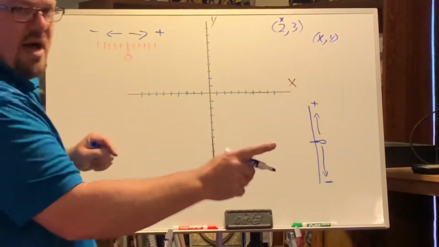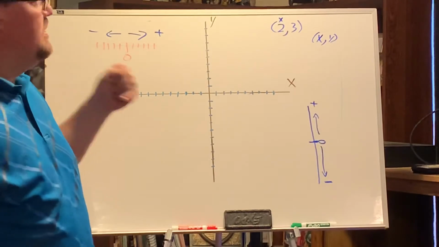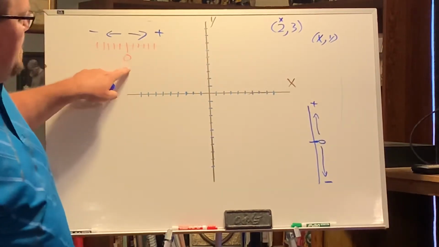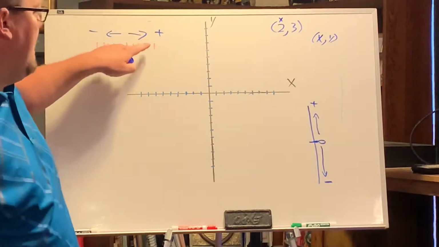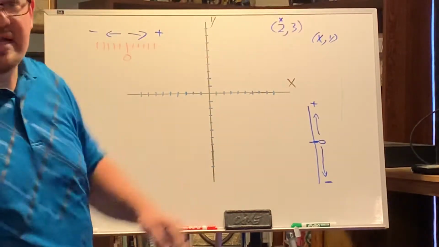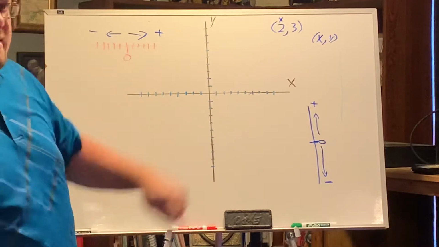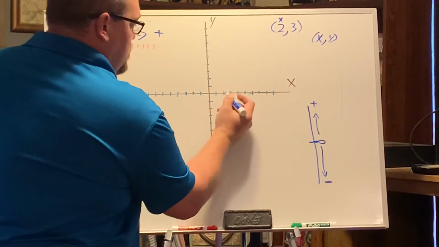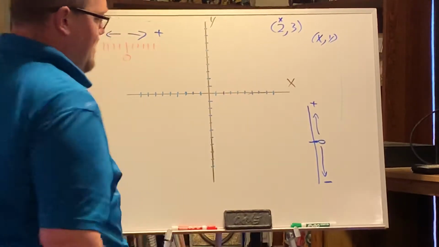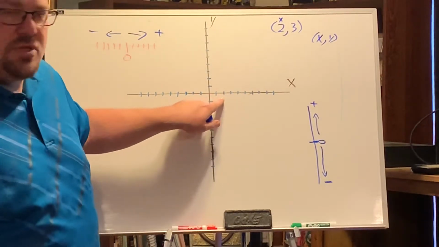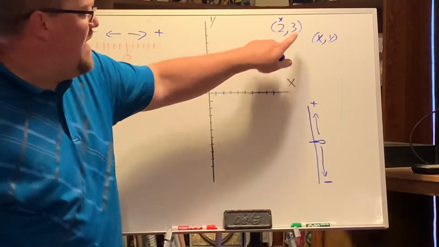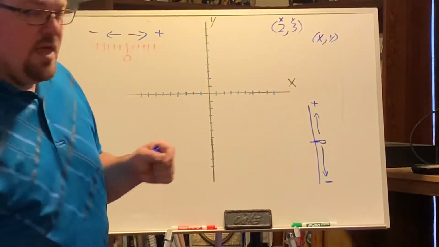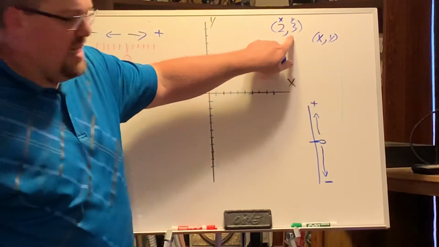So we're going to move positive or negative. Well, it's a positive 2, so we're going to move to the positive. Remember, on our horizontal number line, positives are in the realm of the right side. So we're going to move to the right side. As we look to the right side, we're going to count 1, 2. Make a little mark there as a placeholder. Now we can look at our y value. Our y value here is a 3. Again, it's positive.